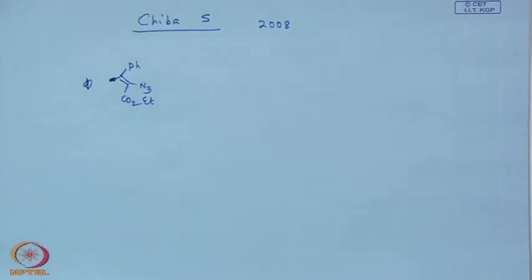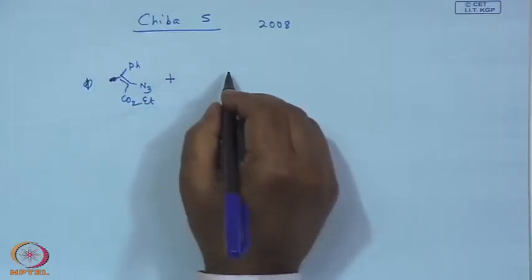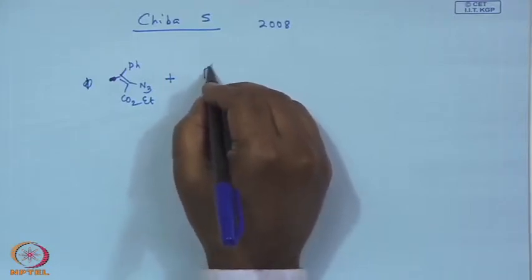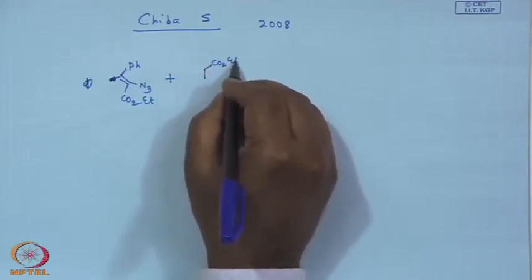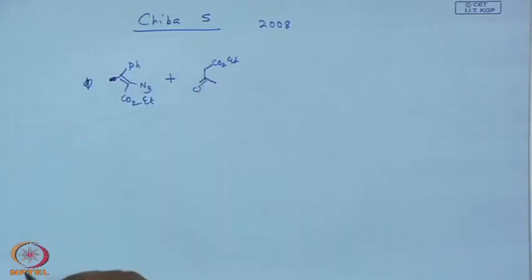So, what is that? A 2-azido acrylate. This is the starting material. The other thing that he used is again a 2 carbon unit. It is an ethyl ester, carbonyl and CH3.